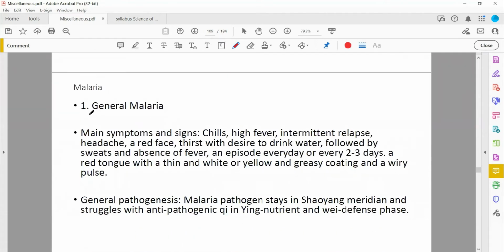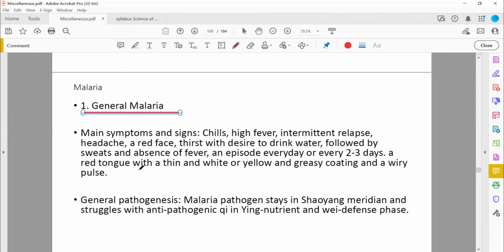Let's see the general malaria. Chills, high fever, intermittent relapse, headache, a red face, thirst with a desire to drink water, followed by sweat and absence of fever, and episodes every day or every 2 to 3 days.